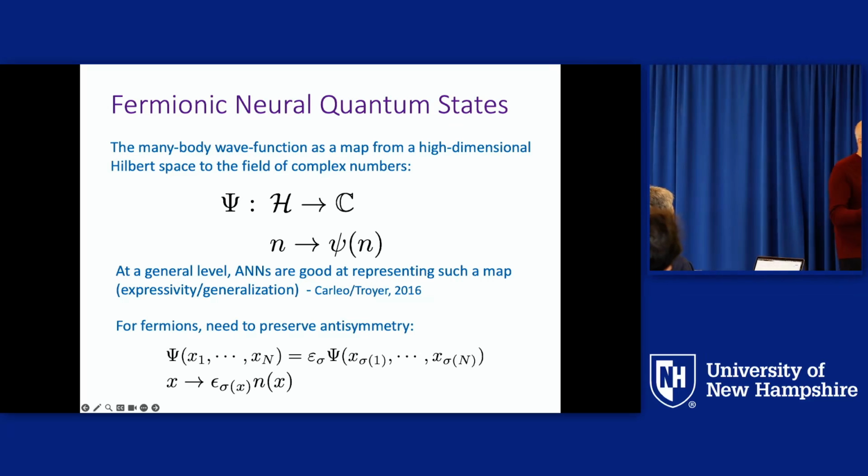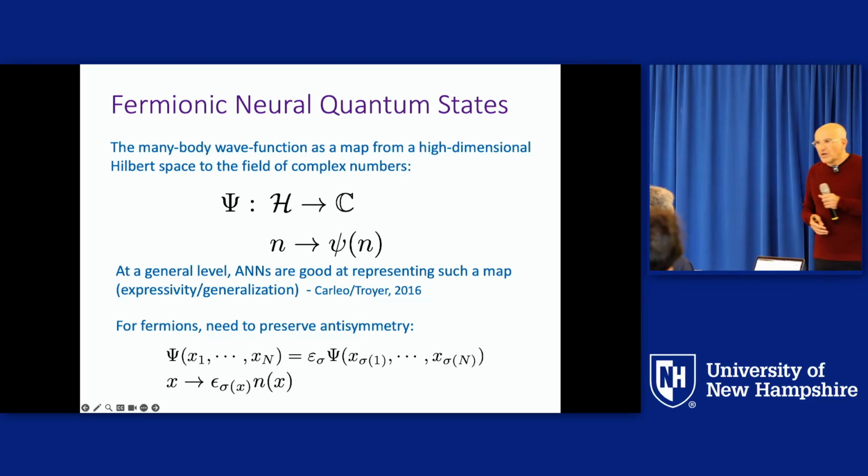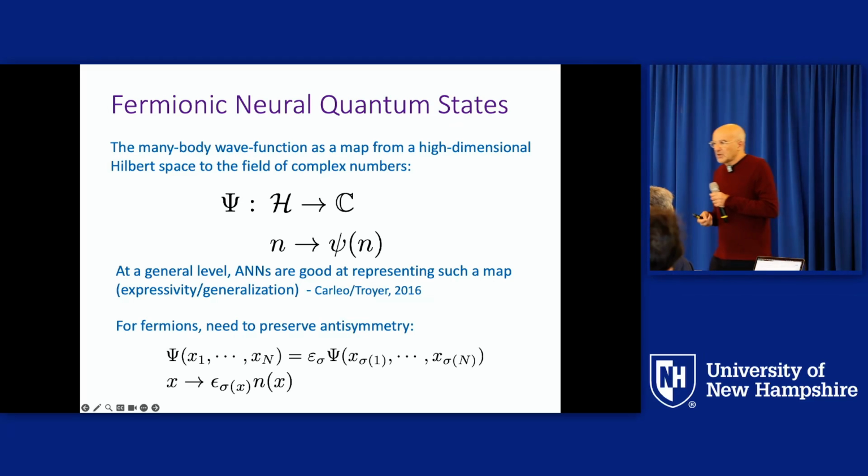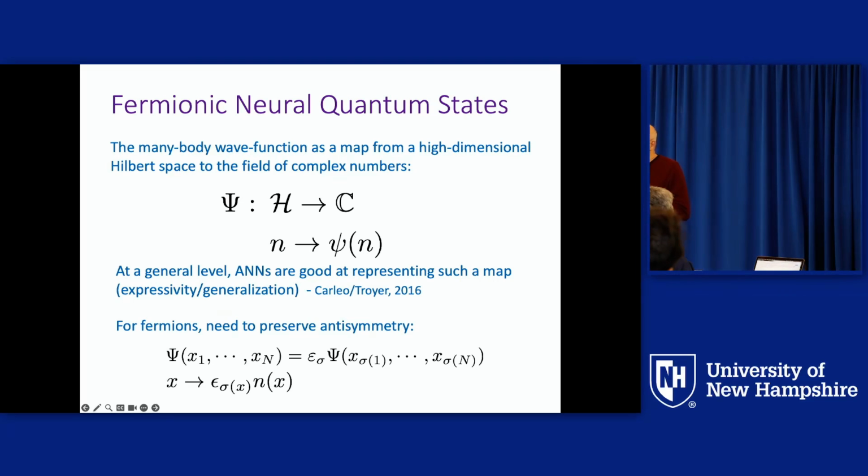So this is typically the sort of thing for which a neural network might be a good way to represent that map, because it's exactly what we do when we map a 2 to the n pixel picture to cats and dogs. It's not cats and dogs, but it's a complex number with a phase and an amplitude. But what the heck? And that's the basic idea, of course, behind the Carleo-Troyer paper about 10 years ago.